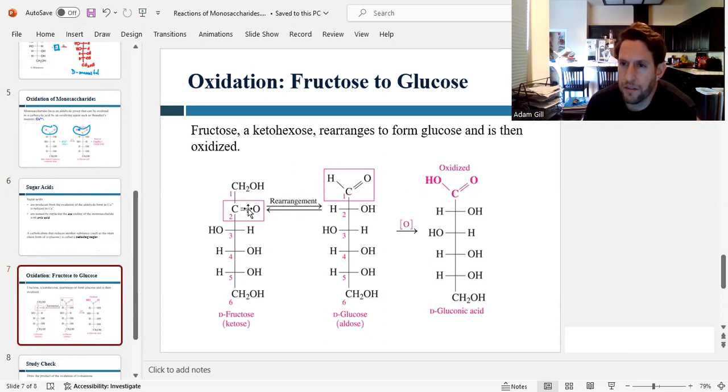So under certain conditions, the ketose can rearrange to form an aldose, and then the aldose oxidizes. So fructose, even though it's a ketose, will eventually become oxidized because it first converts into the aldose. And then once it's in the aldose form, it oxidizes to the sugar acid.